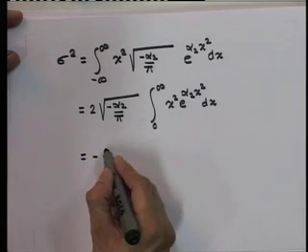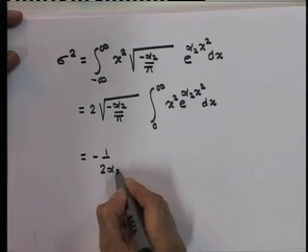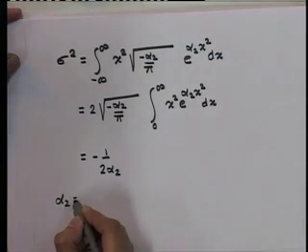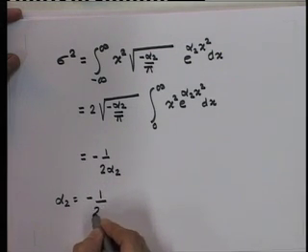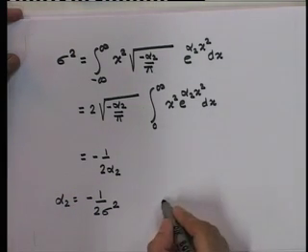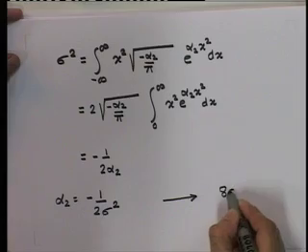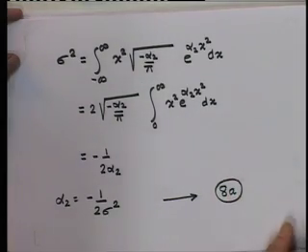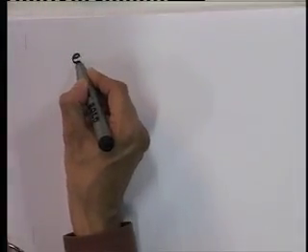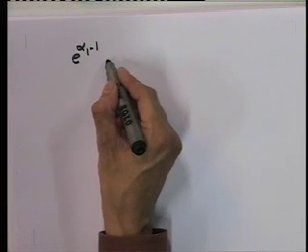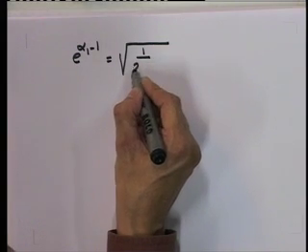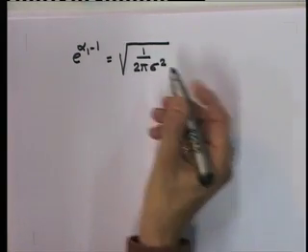And this is equal to minus 1 by 2 alpha 2, or alpha 2 is equal to minus 1 by 2 sigma squared. Let us call this result number 8a, and e raised to alpha minus 1 is equal to root of 1 by 2 pi sigma squared.